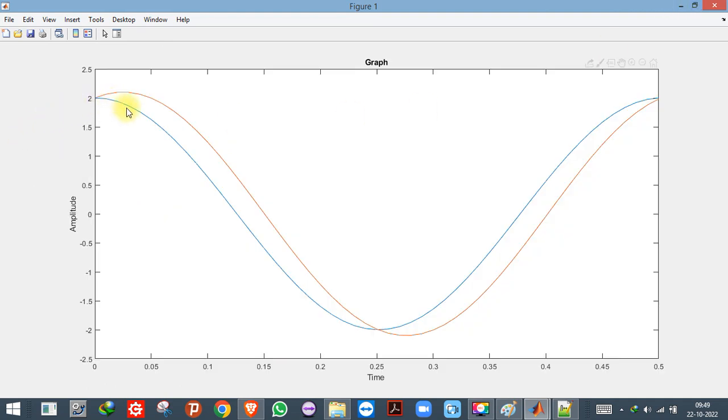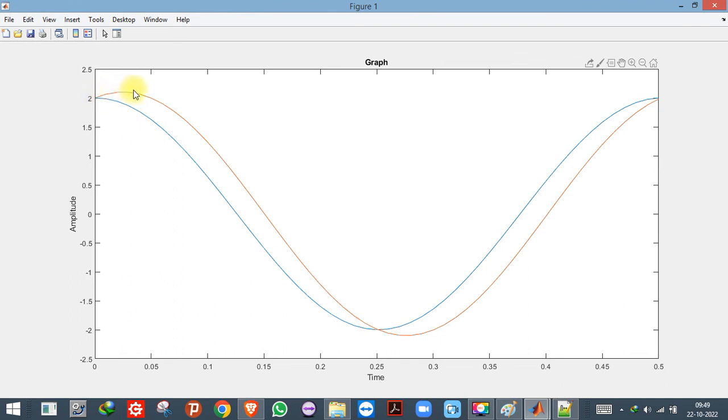This one, the blue color, is for velocity 0.1, and this yellow or brown color, whatever, has velocity 8. So when the velocity is increasing, the initial slope from where it starts is changing.